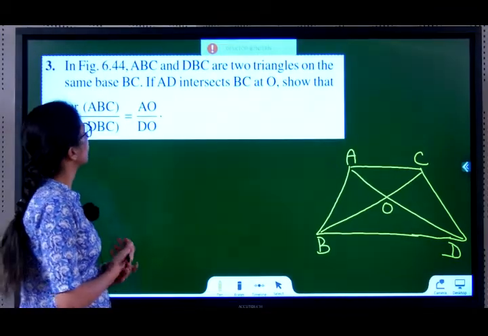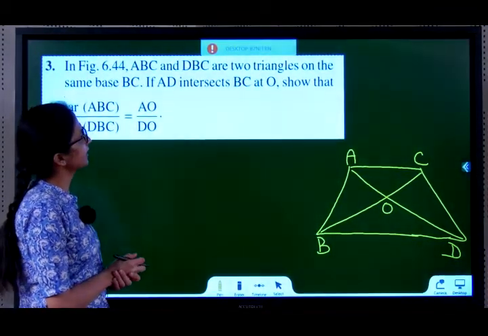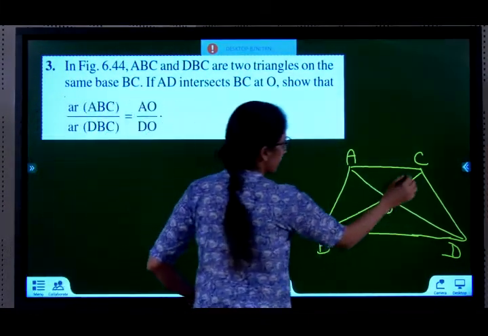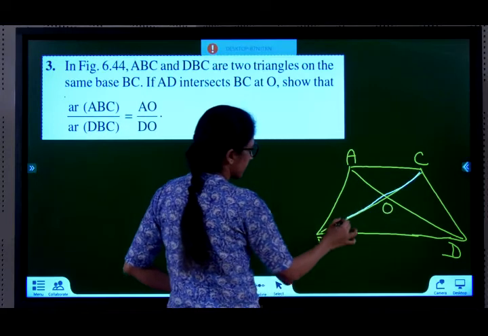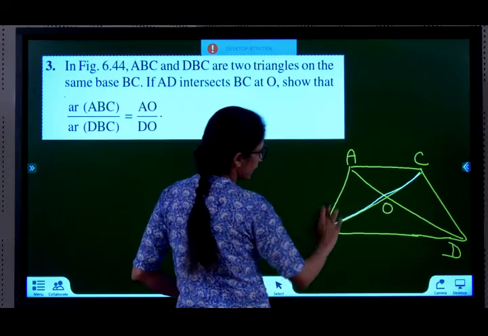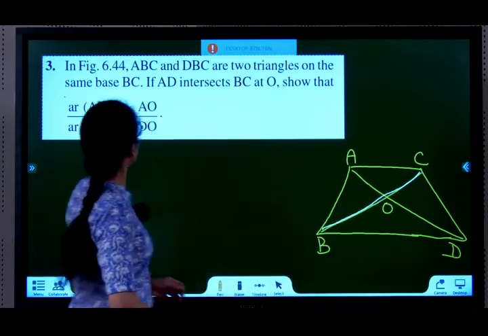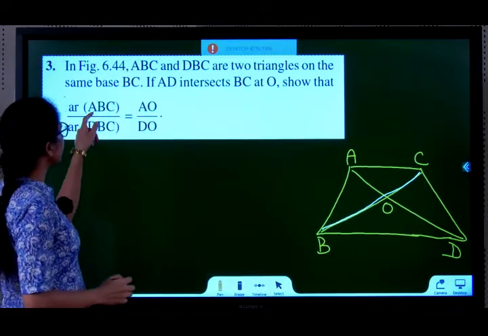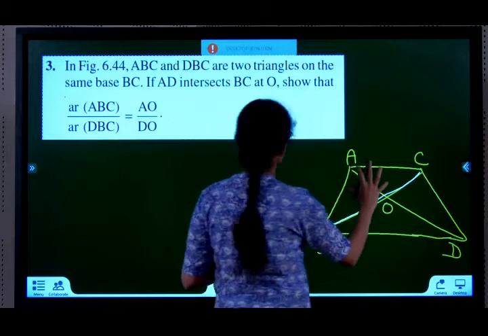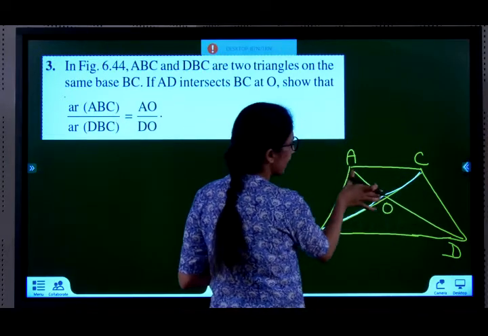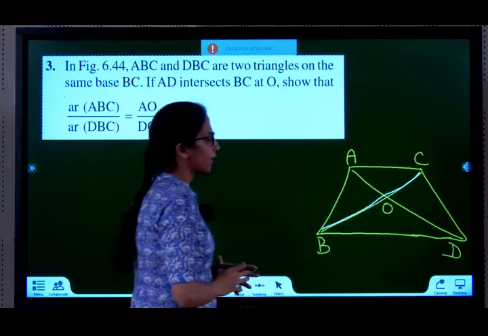Question 3. ABC and DBC are two triangles on the same base BC. On this we have triangle ABC and triangle DBC. Show that area of ABC by area of DBC is equal to AO by DO.